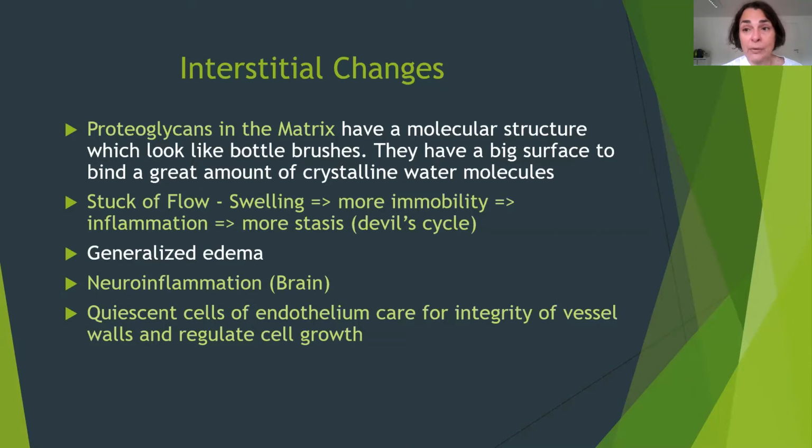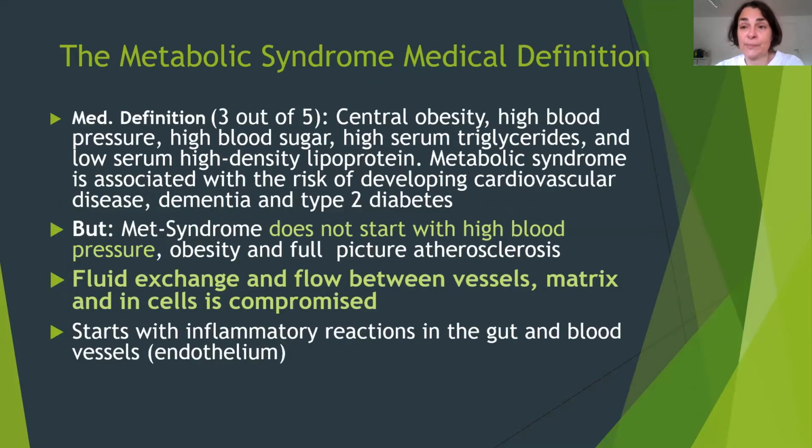And then the local inflammations can turn into a generalized edema. And this can also affect the brain. Basically, the regulation of these proteoglycans can be done by our quiescent cells, by the endothelial cells of the blood vessels. I'll refer to this later on again.